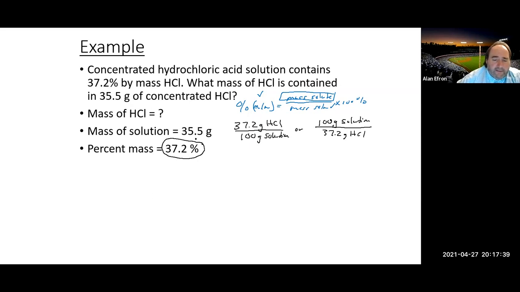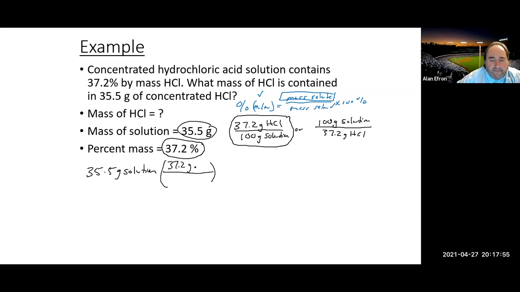We know the grams of solution we have, so it would be 35.5 grams of solution. Using the dimensional analysis approach, we would use this as our conversion factor, 37.2 grams of HCl and 100 grams of solution.